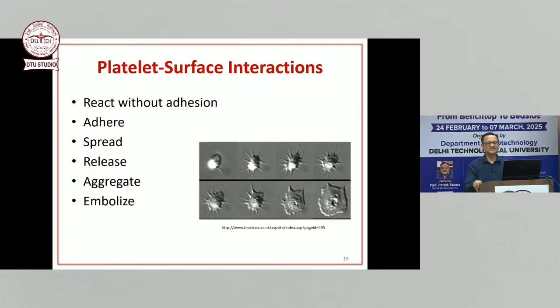Now for platelet surface interactions or blood surface interaction, a lot of things are happening, right? Platelets are flowing in the blood, they see a foreign surface, they adhere to it, then they spread, then they start releasing these chemicals, they start aggregating more, and then they can embolize also.